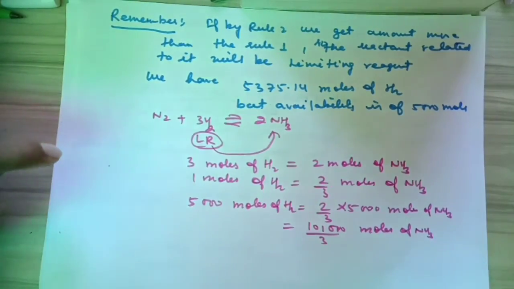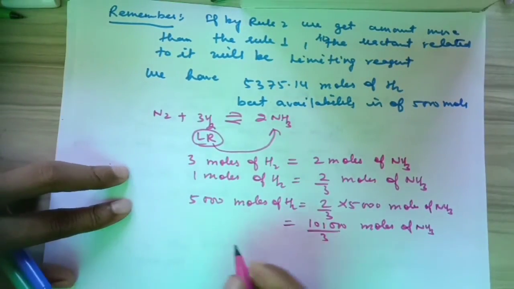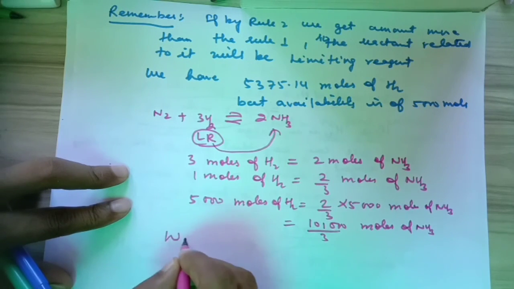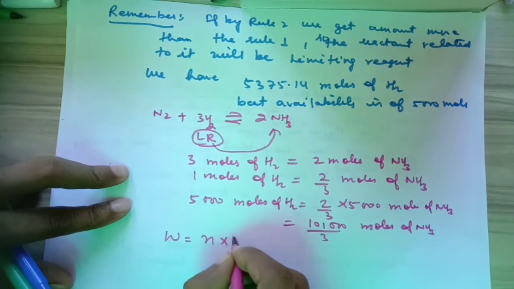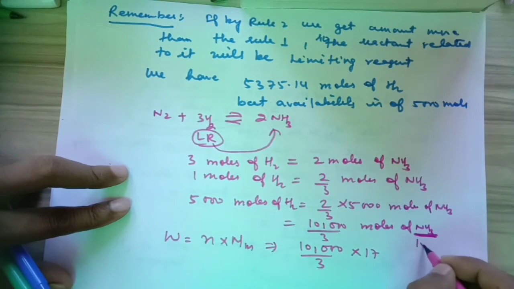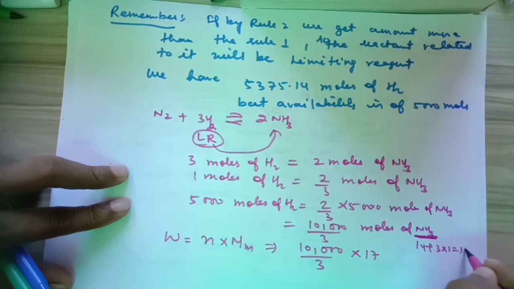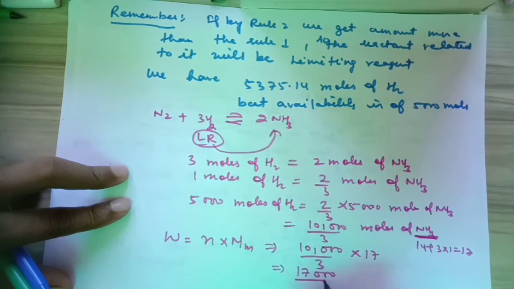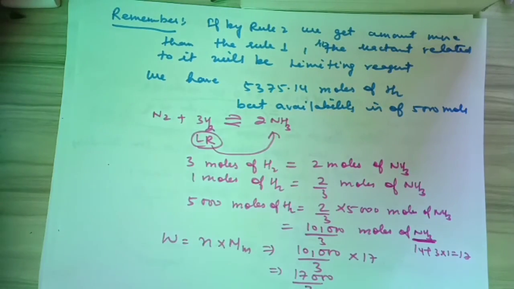If we have to convert it into grams, we know that weight is always n into M, that is number of moles into molecular mass. So it will be 10,000 by 3 into the molar mass of NH3, which is 17, that is 14 plus 3 into 1. So it will be 170,000 by 3.